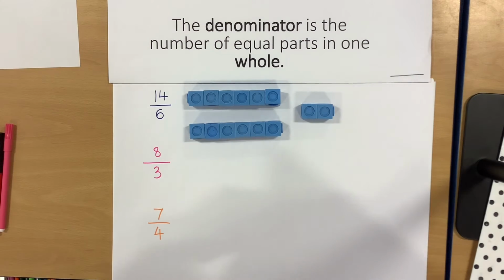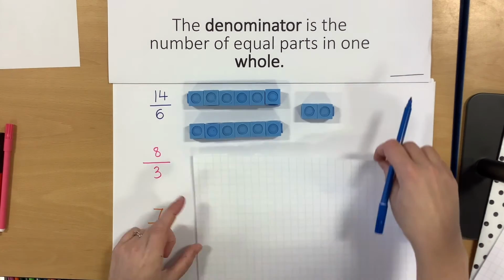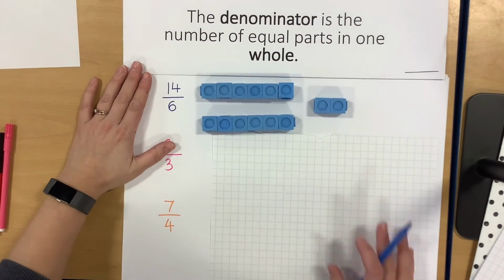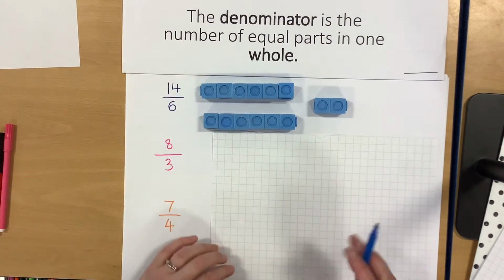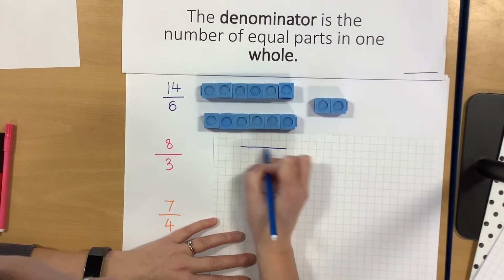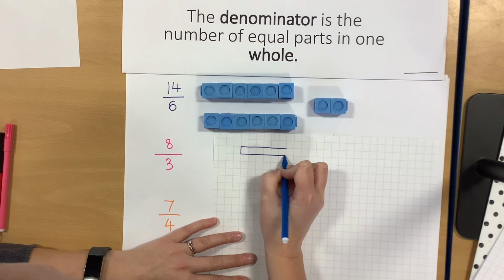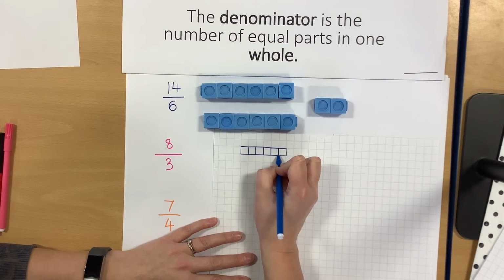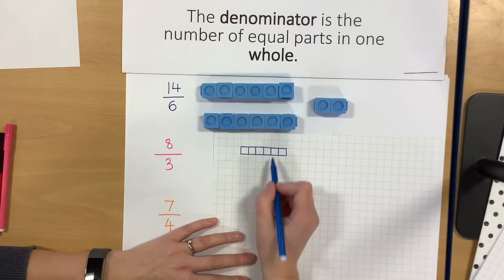If you were going to draw it, you would do this. Now I'm not going to use a ruler because I'm going to do it quite quickly. You might find it easier if you don't use a ruler for yours on the squared paper. So I'm going to draw a shape, and this shape has got 6 equal parts. I know it's 6 because my denominator is 6. Okay, that's one whole one, or 6 sixths.